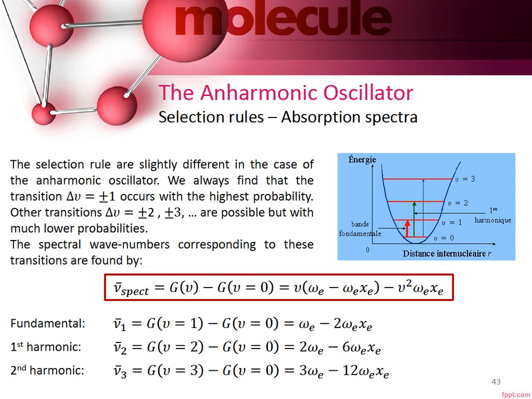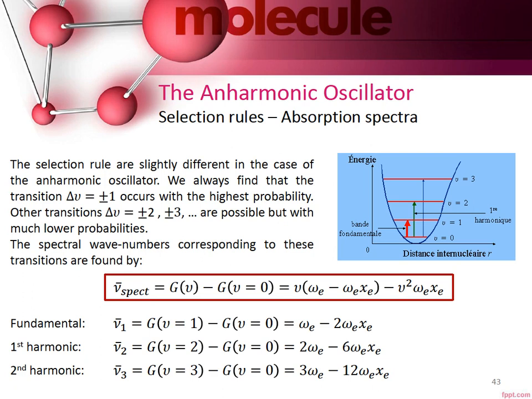These harmonics that will show up on any spectrum will come from transitions that could happen from an energy level. In this case, it's the example of V equals 0, going to other ones. Now, as we talk about harmonics, we talk about the fundamental. The fundamental spectral line is the one that has the highest probability.